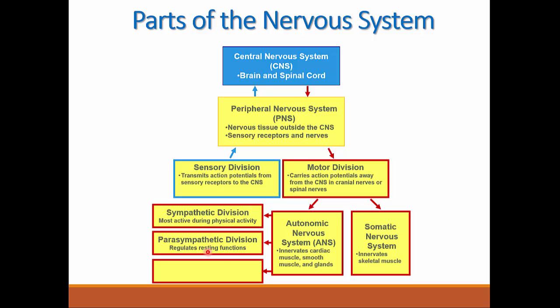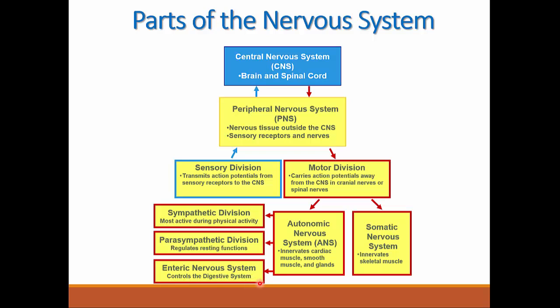Then when we're looking at the parasympathetic division, this would be when you're resting. So a lot of other functions take over during that time, such as digesting foods or removing waste from the body. The last division of the autonomic nervous system is the enteric nervous system.